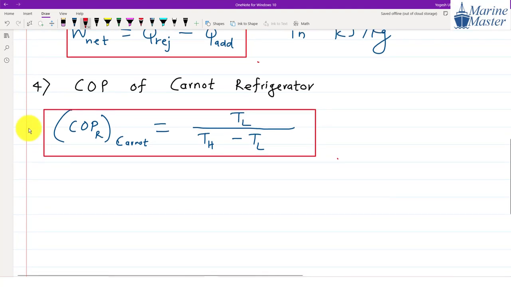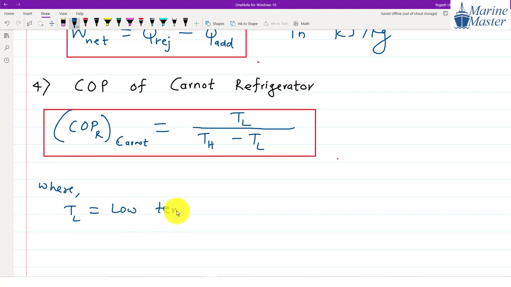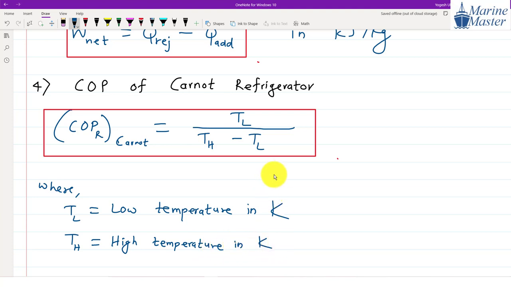And here, what is the meaning of TL and TH? TL means low temperature, and this temperature must be in Kelvin. And TH is the high temperature, and this high temperature must be in Kelvin.